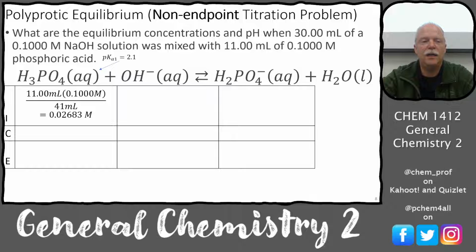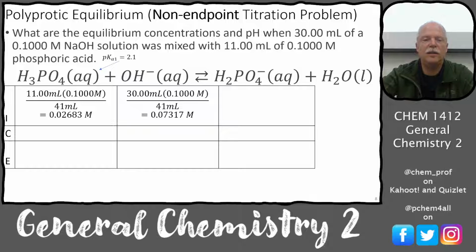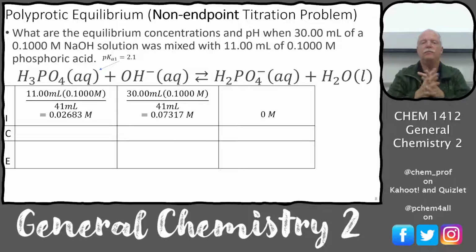The hydroxide concentration is 30 mils times the 0.1 divided by 41 mils. And so it's 0.0717. And then we're going to start with 0 molar solution of H2PO4.